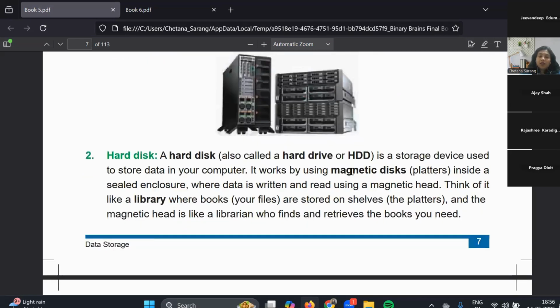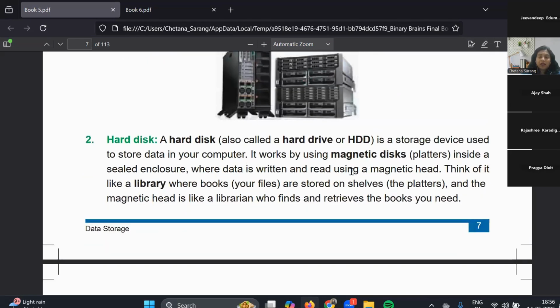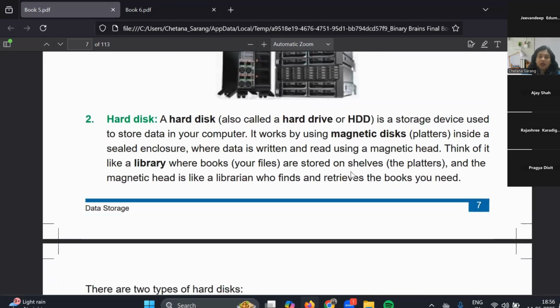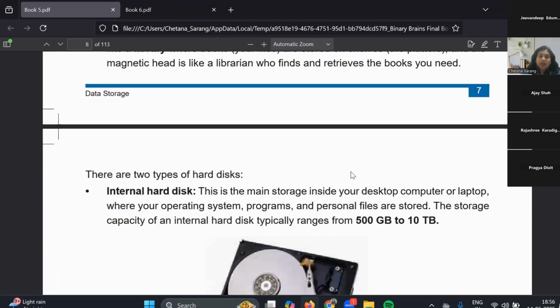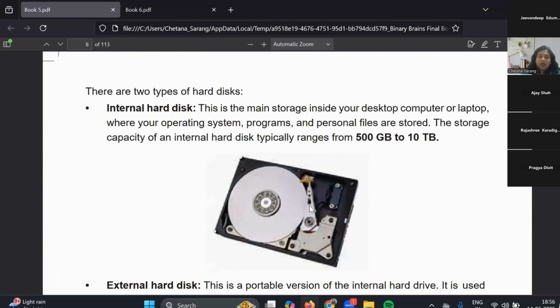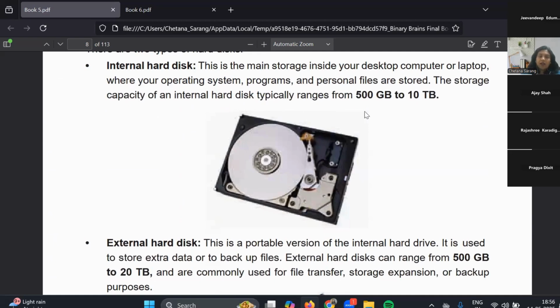So the hard disk, yes, it is inside the computer, which is inbuilt, and there is the external hard disk as well. The internal hard disk looks something like this, inbuilt into the CPU cabinet, where you can see there is a hard disk. It will range from 500 GB to 10 TB.